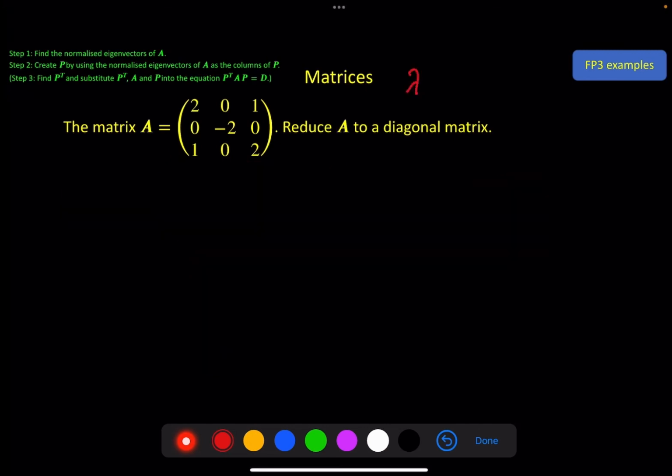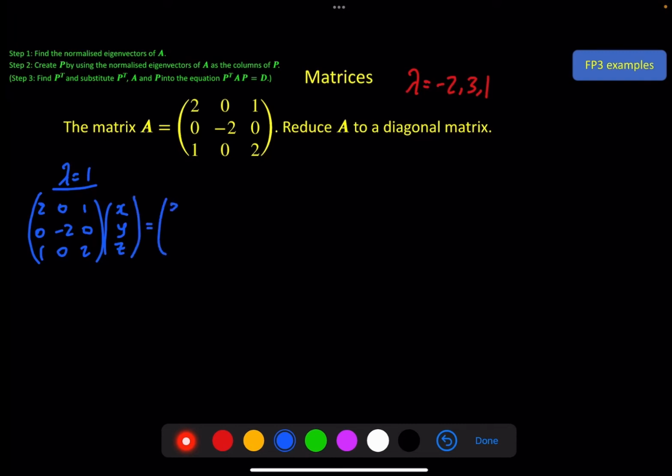So we've got -2, 3, and 1. And this one is all invariant points, so the vector will become exactly the same.